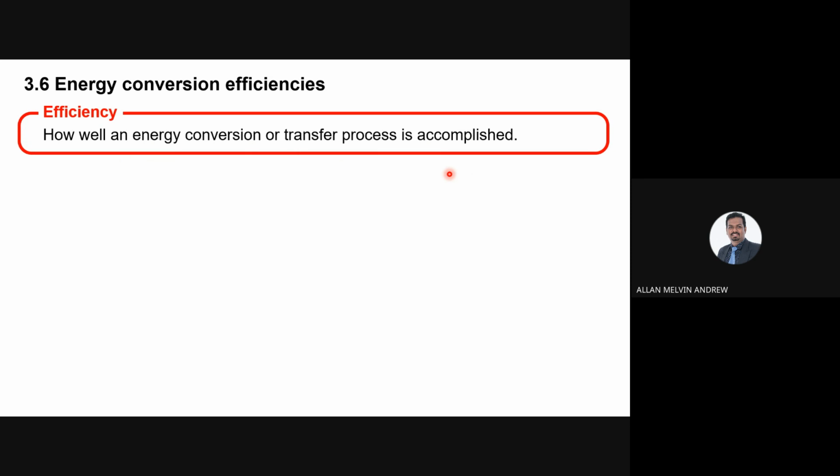But due to the process, once you convert, you only get 9. So you lost 1 kilojoule. That means the efficiency of the system is 90%. The conversion is 90%, so 10% is lost.